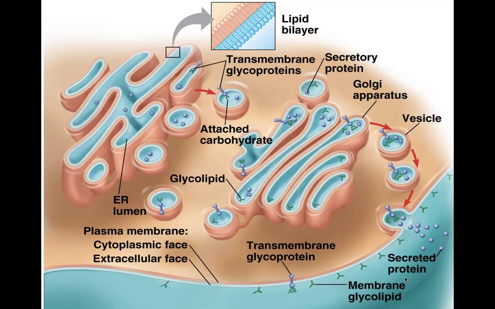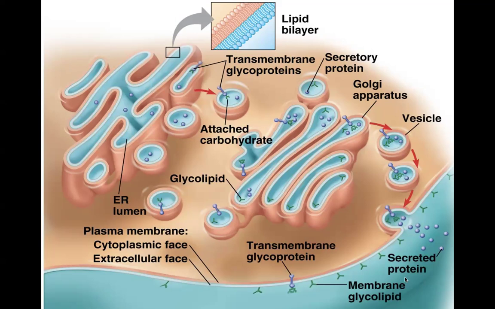Now I'd ask you to refer to the transmembrane proteins. So this would be an example of how one of those proteins that is glycosylated gets into the plasma membrane. We can see that the transmembrane glycoprotein actually originates in the membrane of the ER. So anything that is transmembrane is also going to be embedded in the ER membrane. That is how it's going to be produced as a protein.